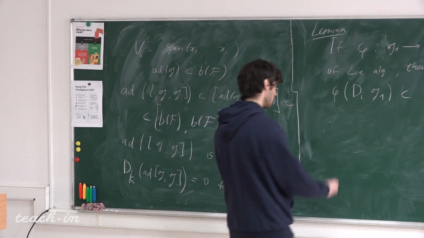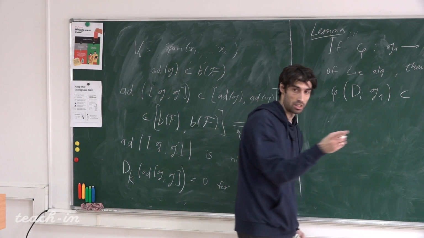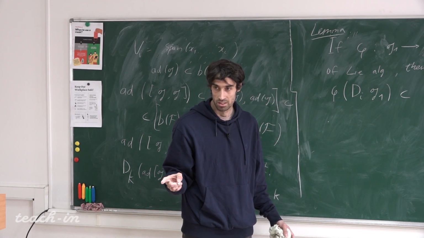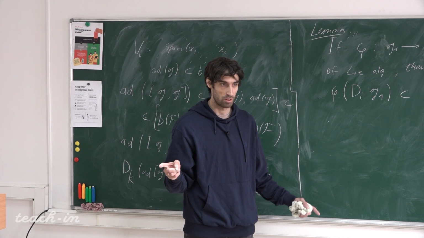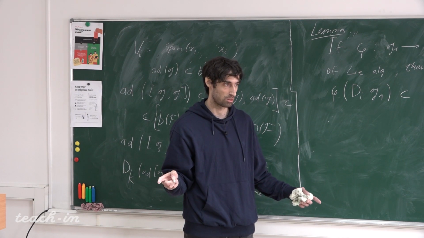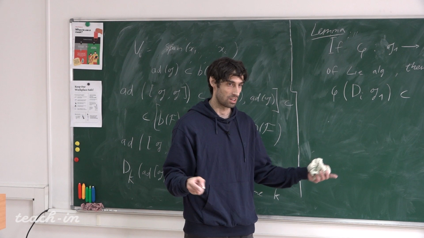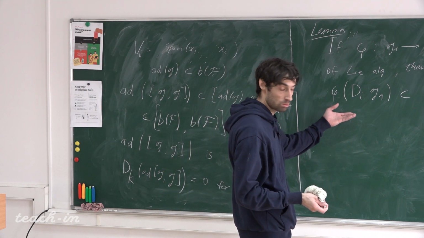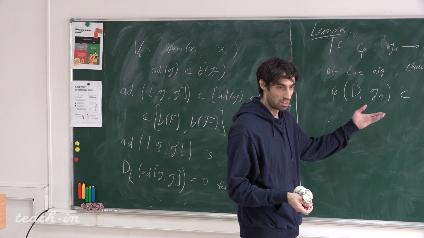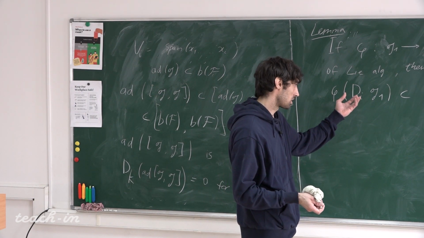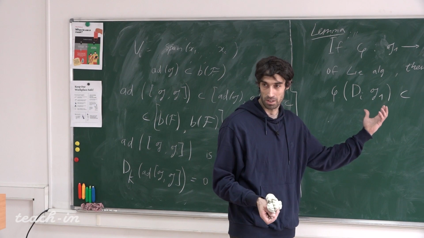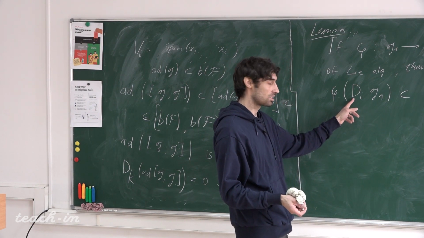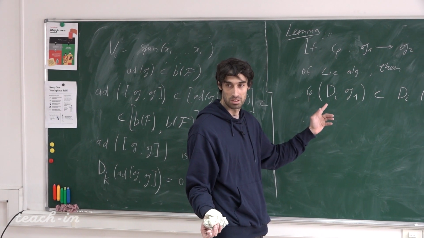So the lemma is clear. If you don't understand it now, try to do it yourself. The key point, which explains everything, is that phi respects commutators, but D^i is all about commutators. That's it.